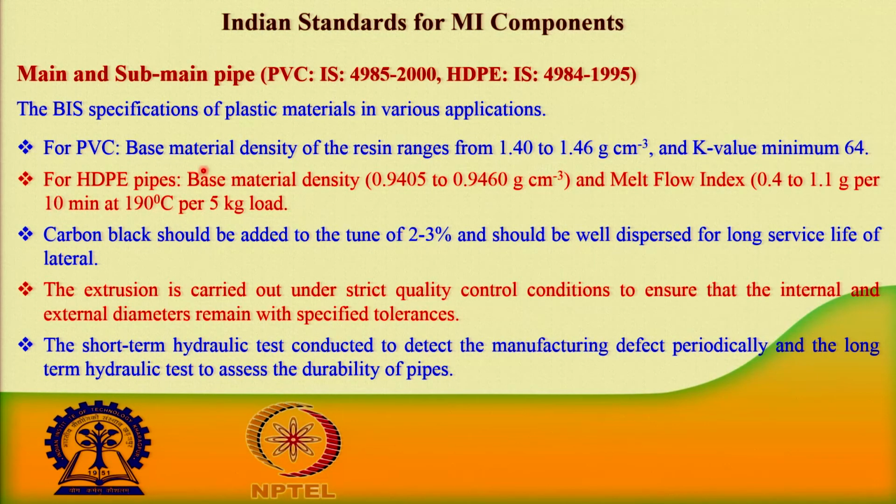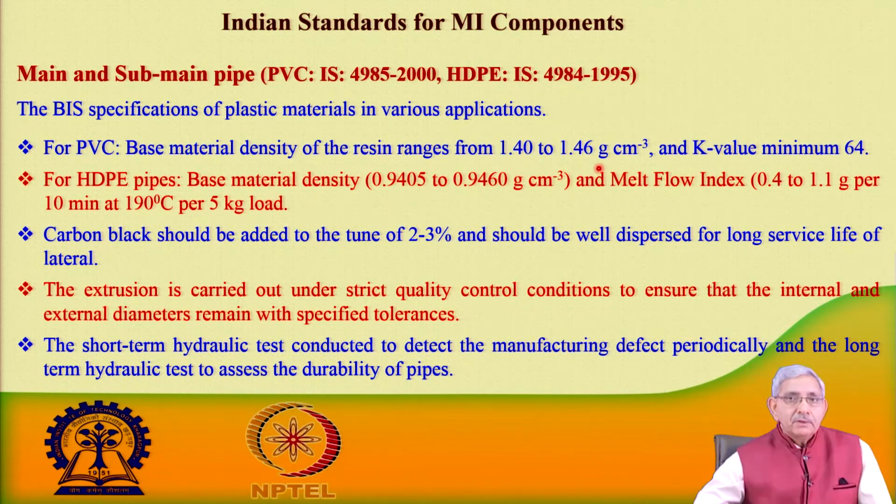Here the PVC pipe base material density is from 1.4 to 1.46 gram with the K value of minimum 64.